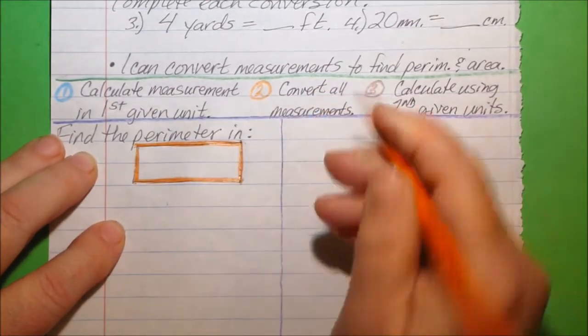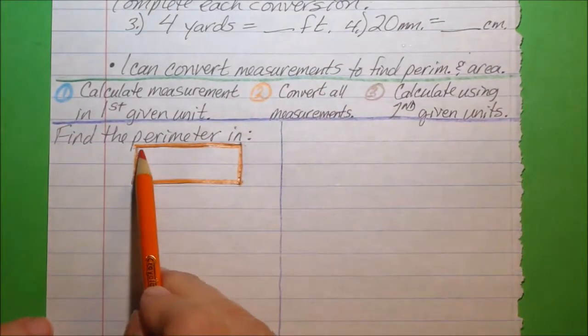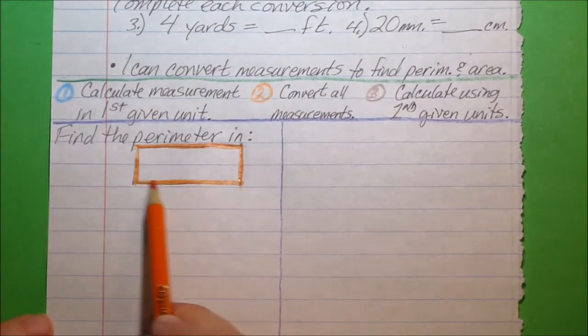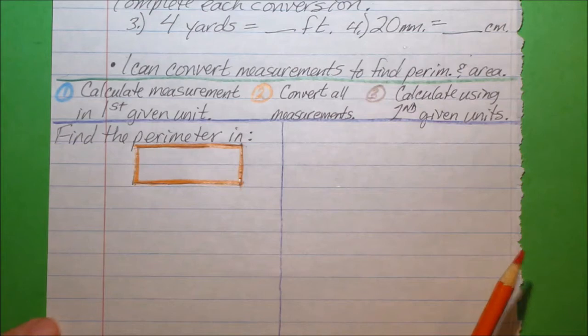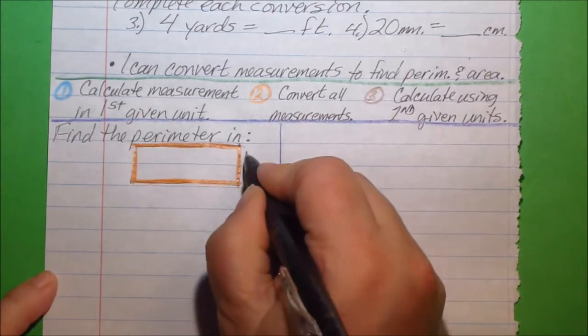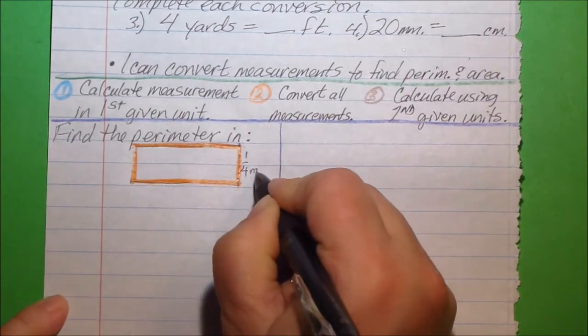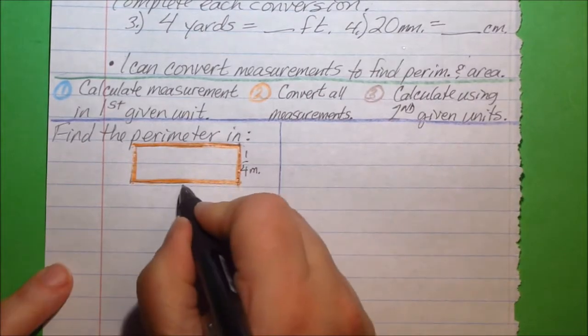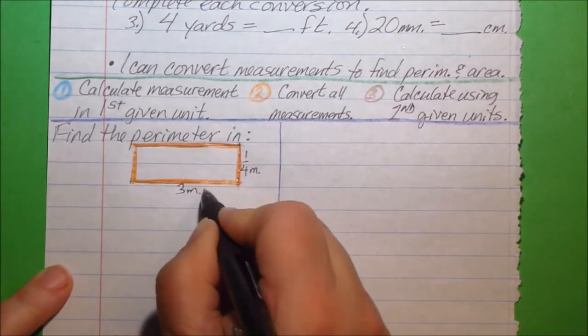And we're finding perimeter. So remember, perimeter is all the way around. It's a linear, all in one line measurement, so we don't square it or cube it. It's just the unit itself. And this particular shape is 1/4 of a meter wide and 3 meters long.